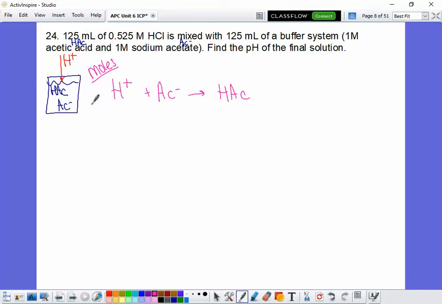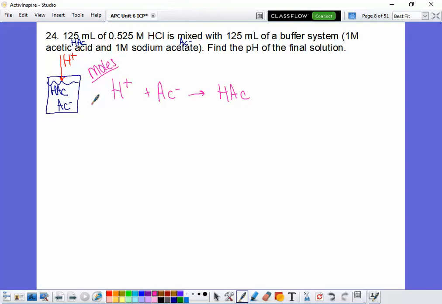So how many moles of H plus did I add? How do I figure that out? We multiply molarity by liters. We know the volume of this acid that we added, 125 milliliters, and we know the concentration, 0.525 molar. So if I take 0.525 and multiply it by the volume in liters, that will get me the moles.